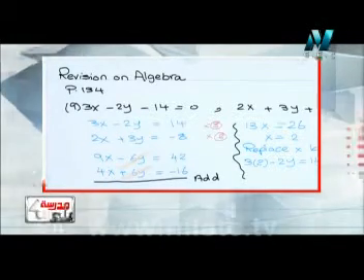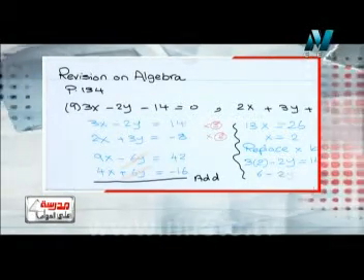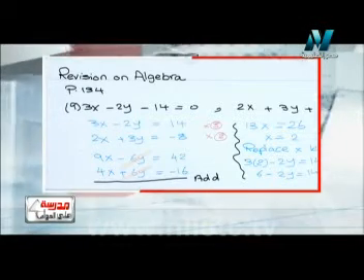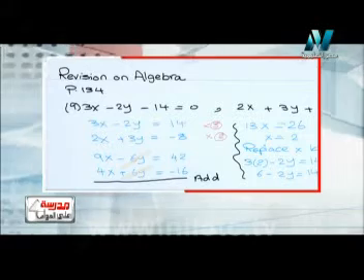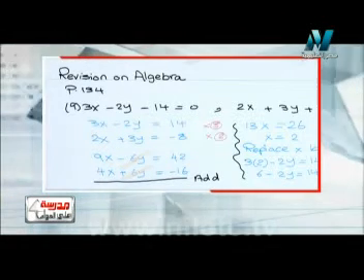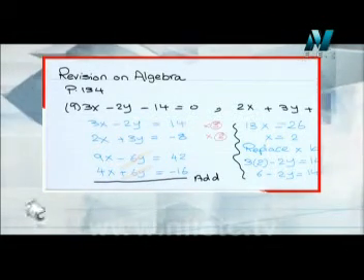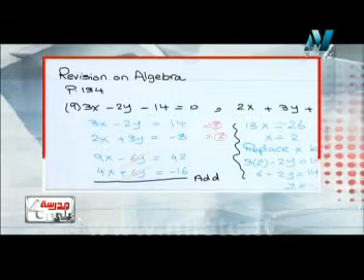So 6 minus 2y equals 14. So I'm going to move 6 to the other side. So 14 minus 6, it will be 8. Divided by negative 2, so y equals negative 4.